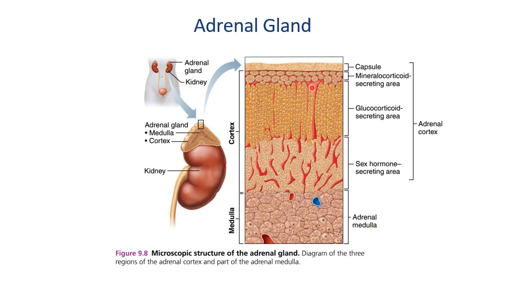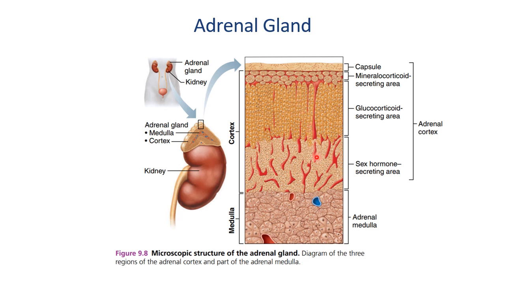As you go deeper into the adrenal cortex, you will encounter the cells of the zona fasciculata. It is called zona fasciculata because the cells here form fascicles. These are the fascicles. And the hormone produced by the cells here are your glucocorticoid, in particular cortisol.